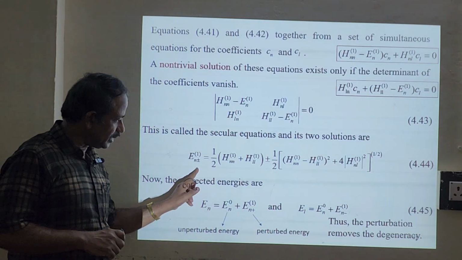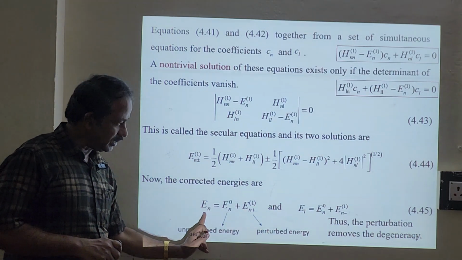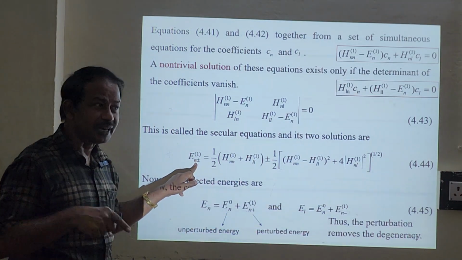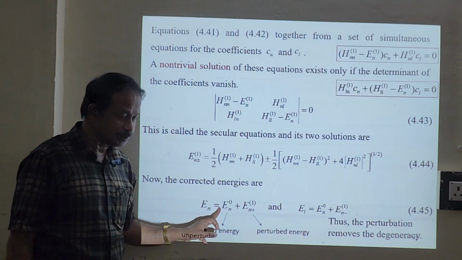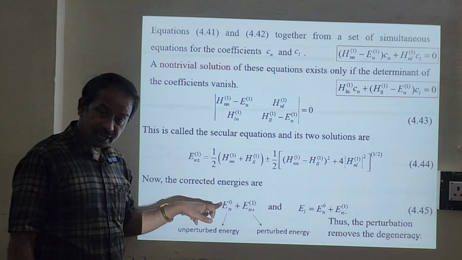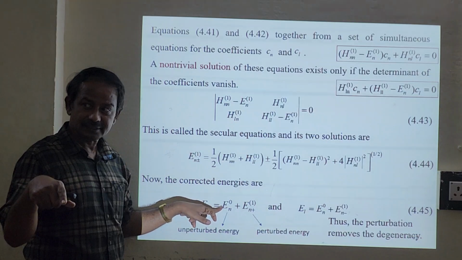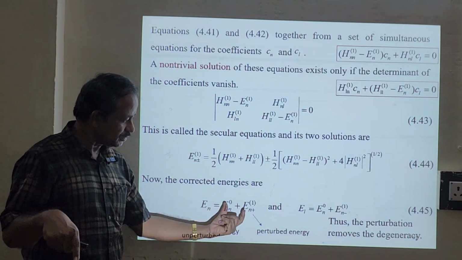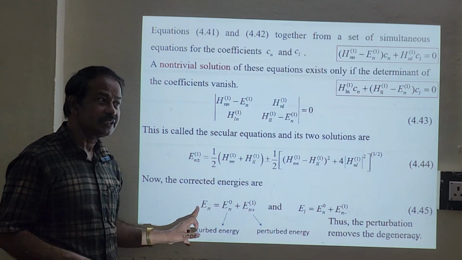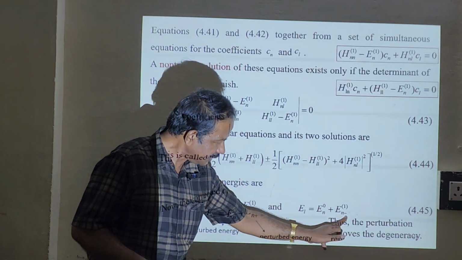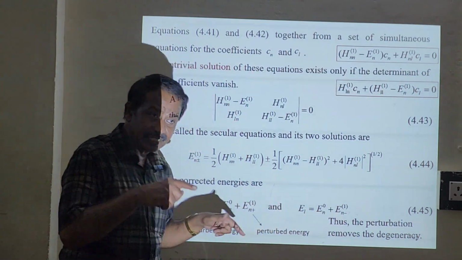So En plus stands for En, and for the other state El, which is equal to En minus. Look at this expression: this is the unperturbed energy En0 operating on psi N0, correct? If you add En plus, that will give you En. Similarly, if you add En minus, that will give El.